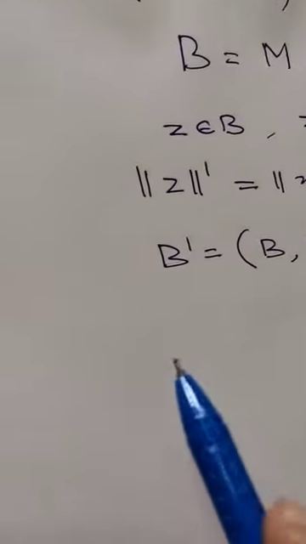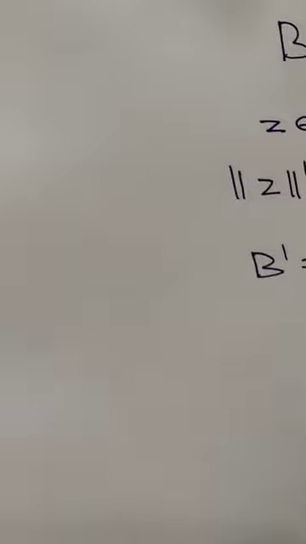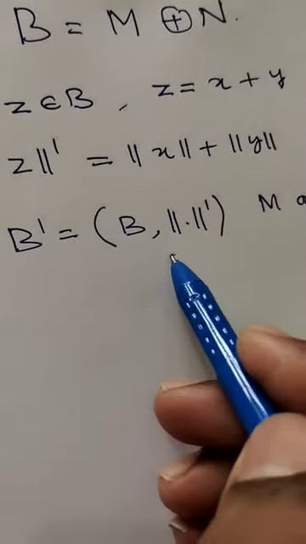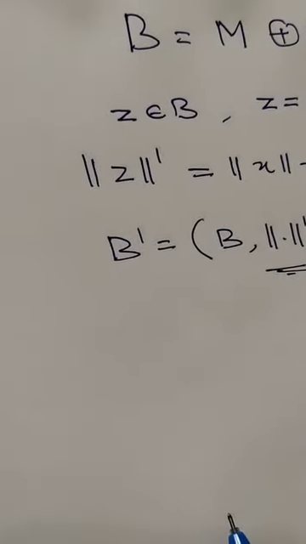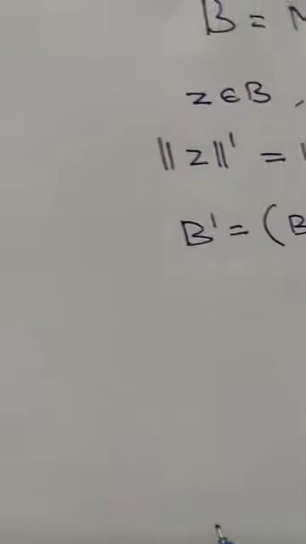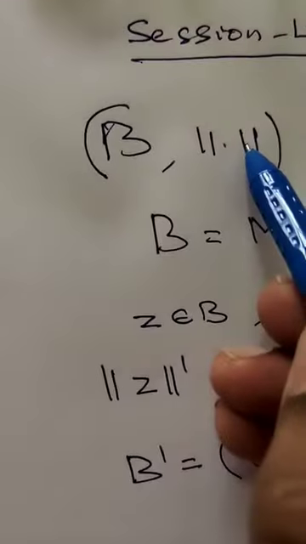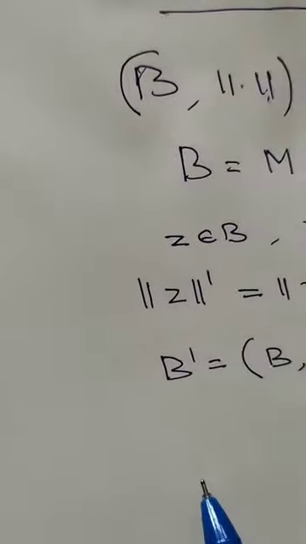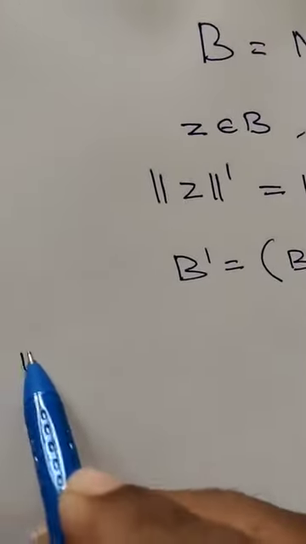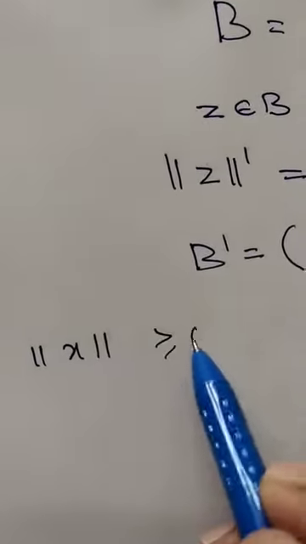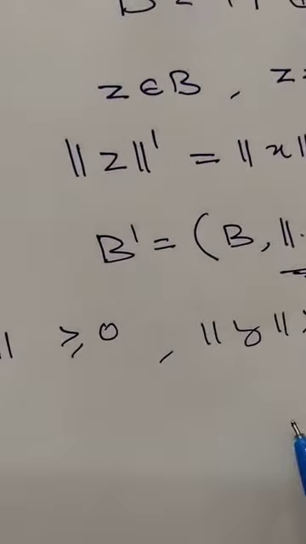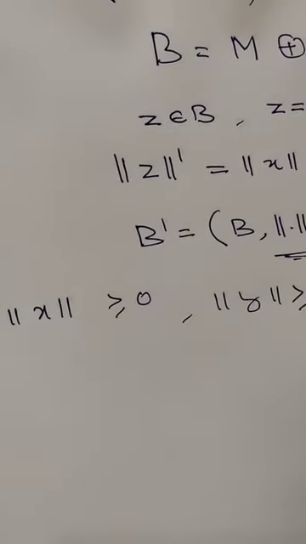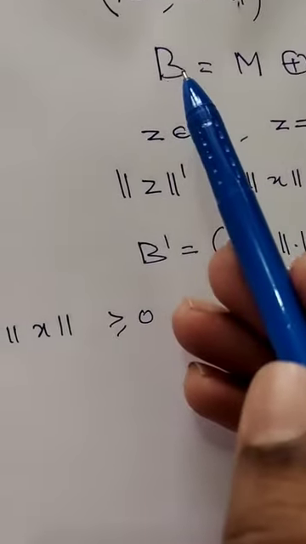So first let us look at proving that norm dash is in fact a norm on B. The first condition: norm of X is always non-negative, and norm of Y is also non-negative, because X and Y belong to M and N, so they are elements of B itself.